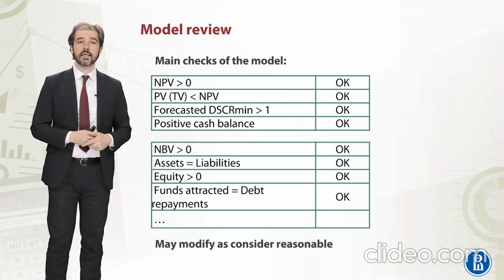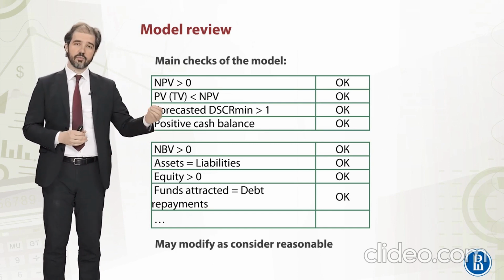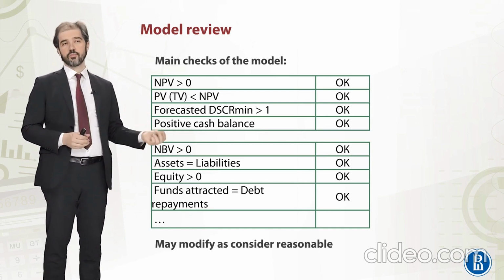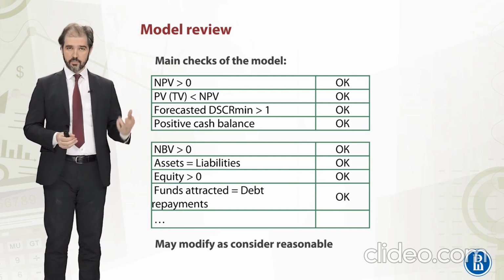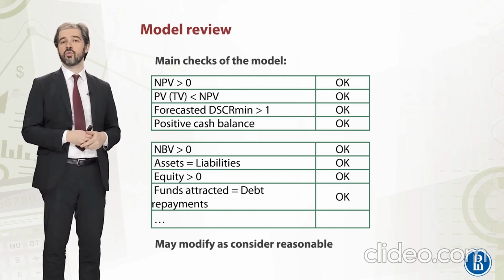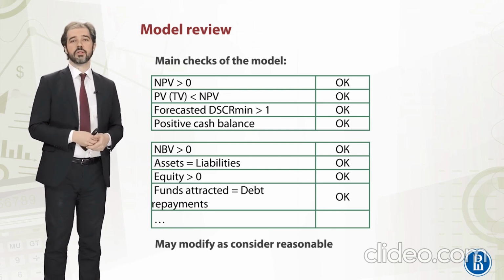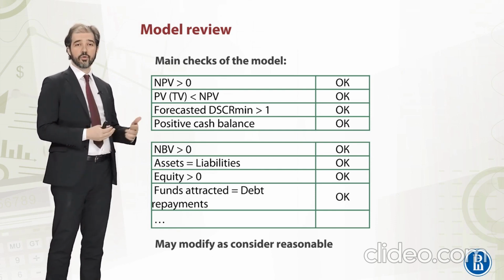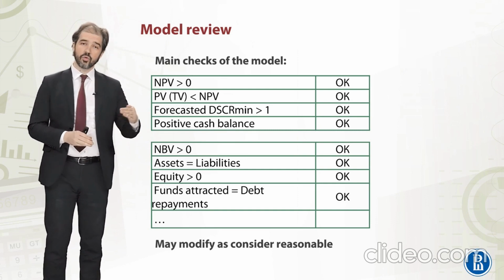Then forecast DSCR is more than 1 or more than 1.2, 1.3, some target ratio. Okay, in our model, in all periods, we comply with this requirement. Then you have positive cash balance in all the periods.